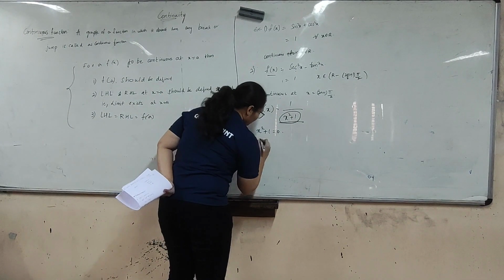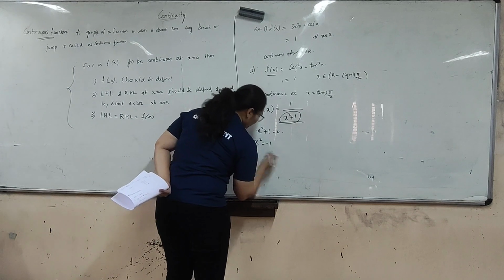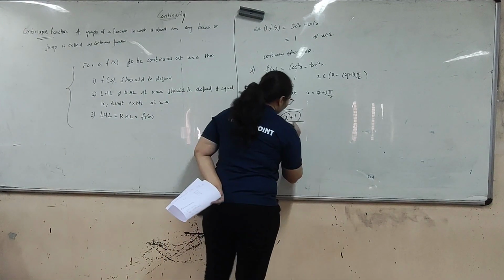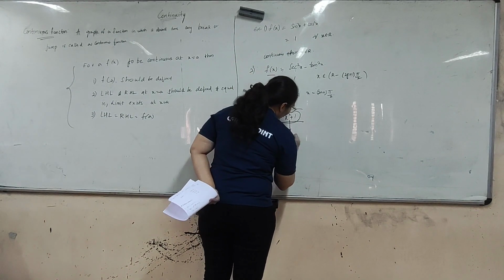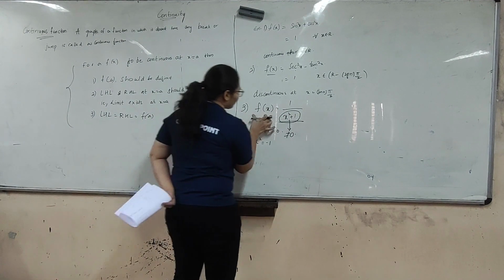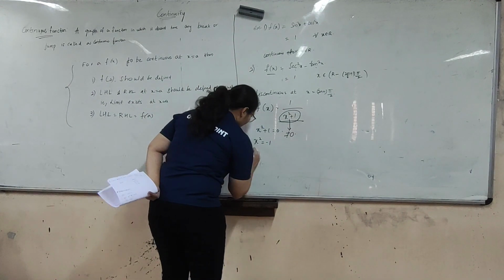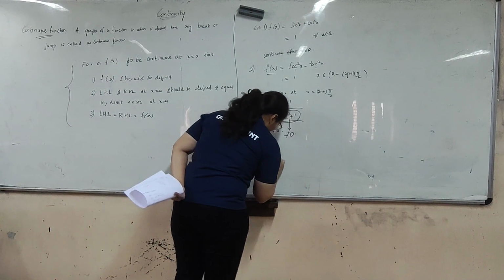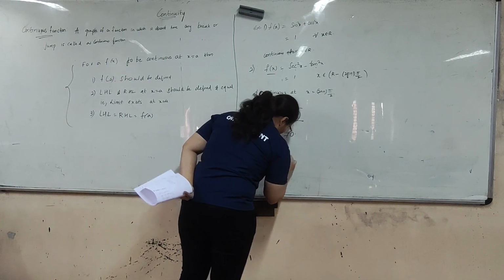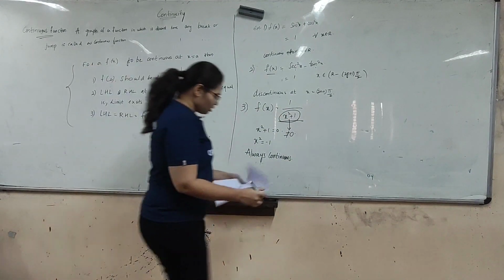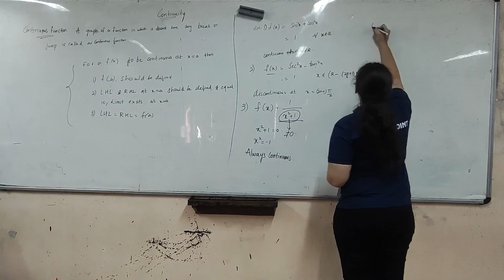No, right? x square would be minus 1. For any real value, x square is not equal to minus 1. So this will never be 0. Therefore, f of x is always continuous.